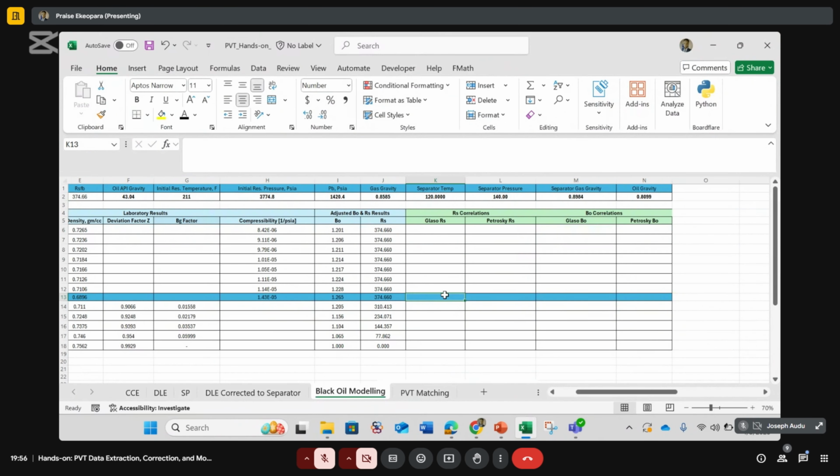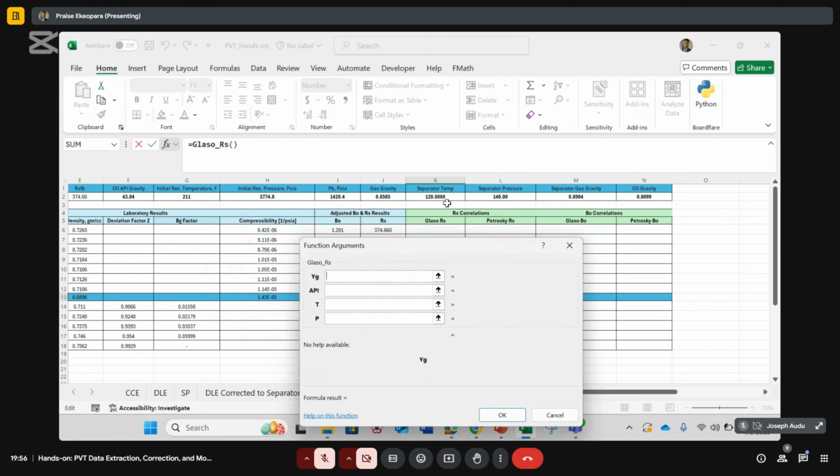So for the Rs for Glaso at bubble point, I just need to type Glaso here and click on this function. I will get my gas gravity, then we need to lock it. Then get my API as well, and lock it. Then get my temperature, and lock it as well.